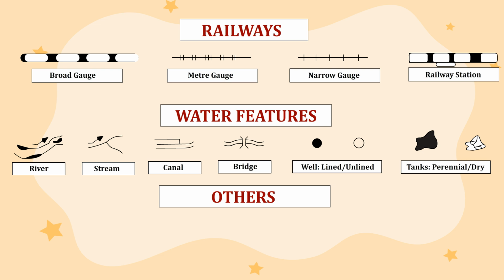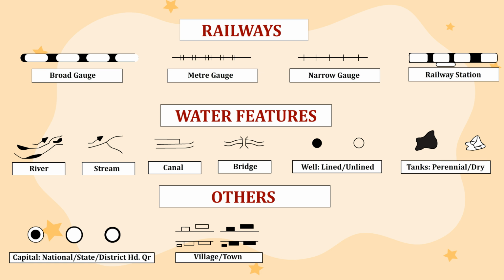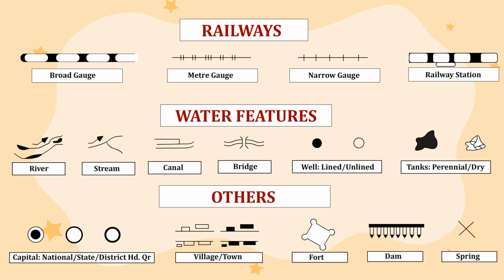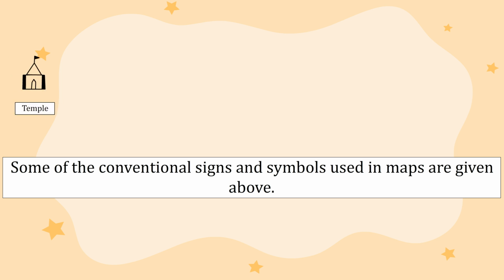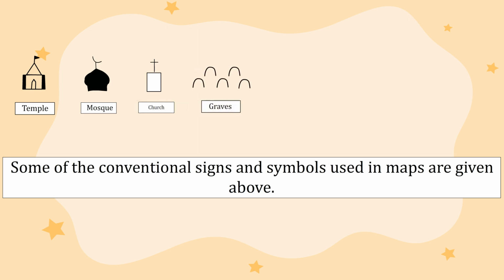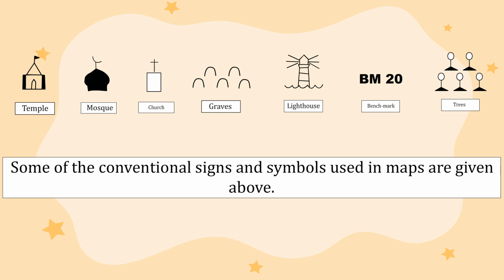Others: capital (national, state), district headquarter, village, town, fort, dam, spring, temple, mosque, church, graves, lighthouse, benchmark, trees. Some of the conventional signs and symbols used in maps are given above.